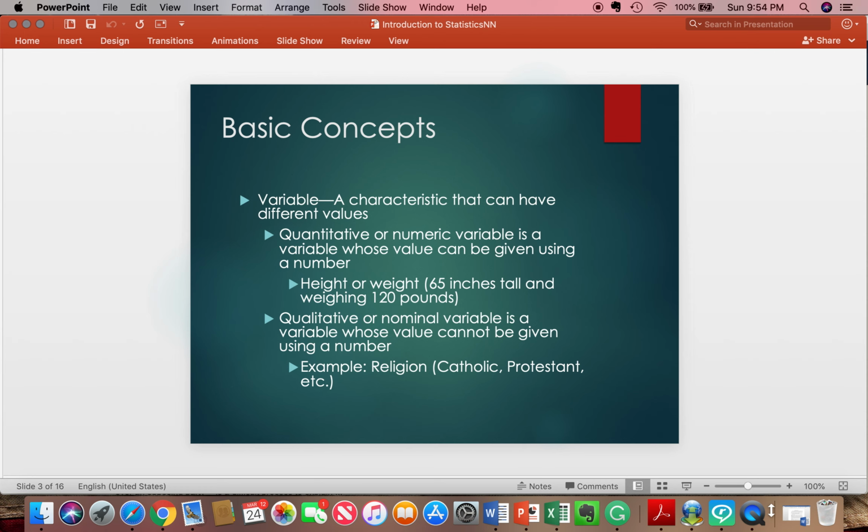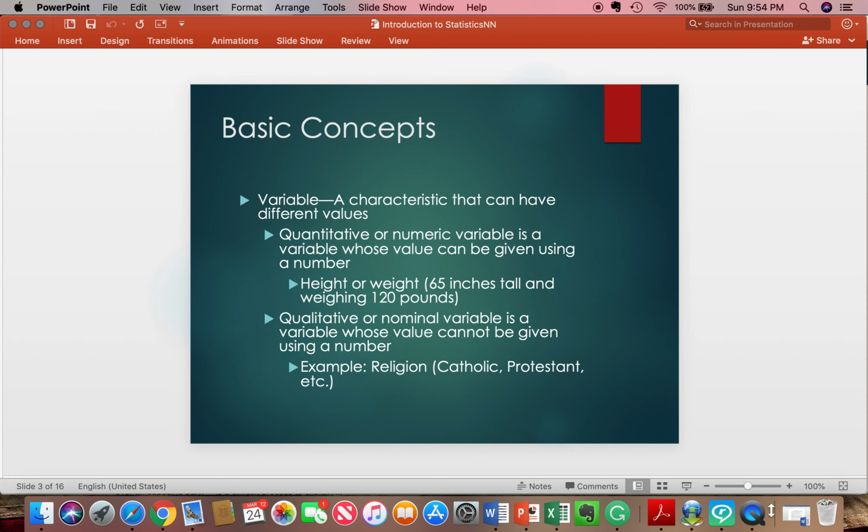And the reason we need to group these two is that if we have a number, a quantitative value, there is certain statistical analysis we can do with a quantitative variable, as opposed to a qualitative variable, which we're going to need to go down a different path when it comes to statistical formulas.